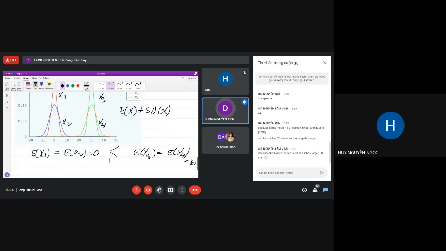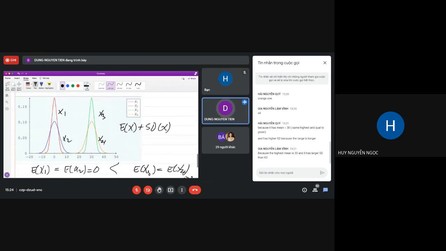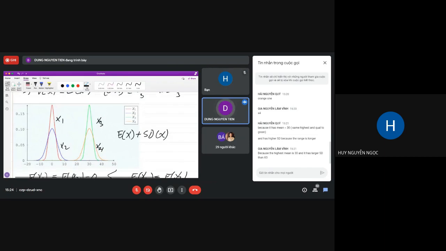How about the variance? The variance is used to describe the variation of the distribution. If you can see that the possible values are far from the mean value, then the variation is big. Otherwise, it is small, right? So now you see that x1 and x3 have the same shape, therefore they have the same variation, or let's say they have the same variance values.